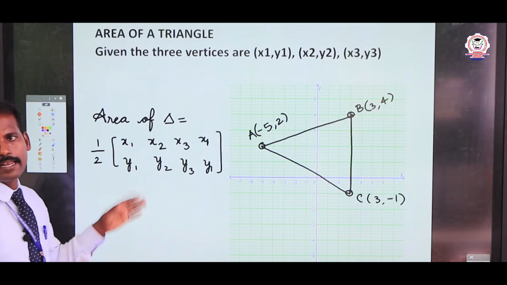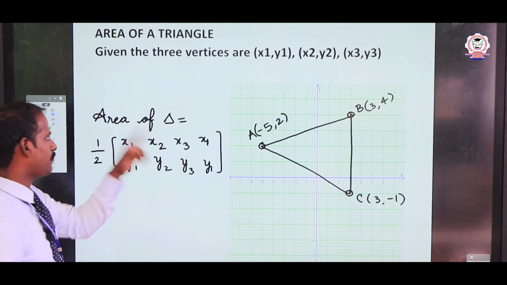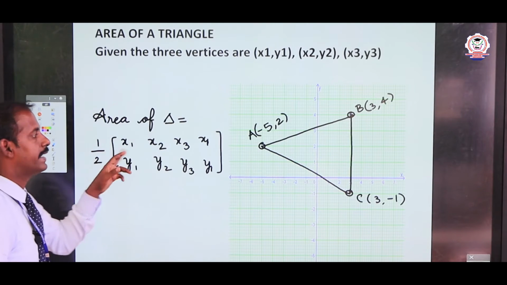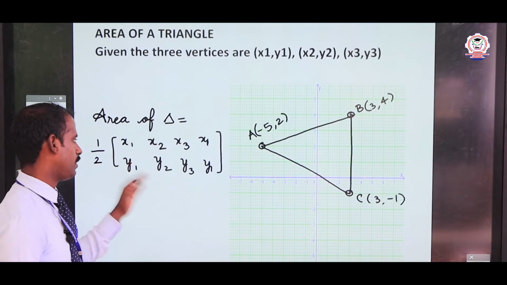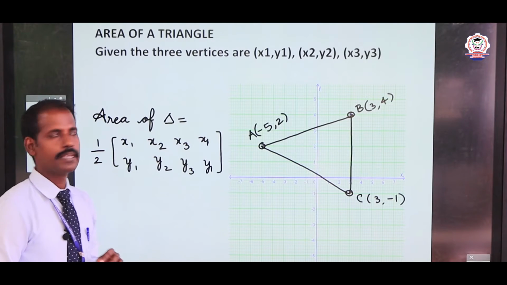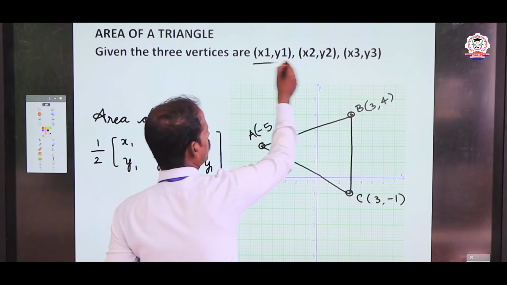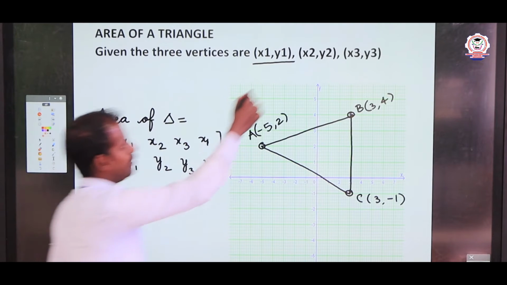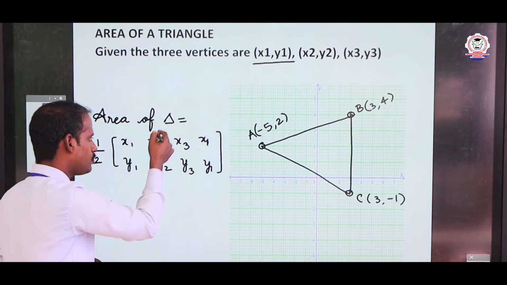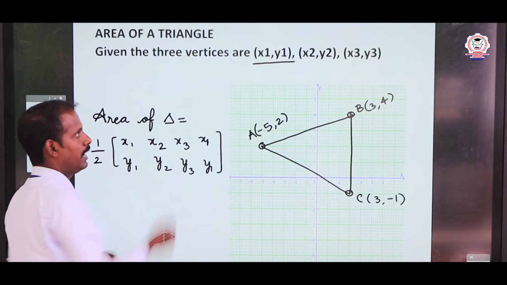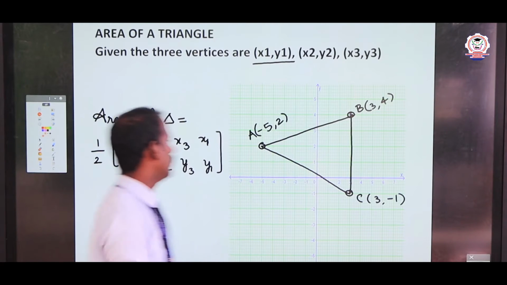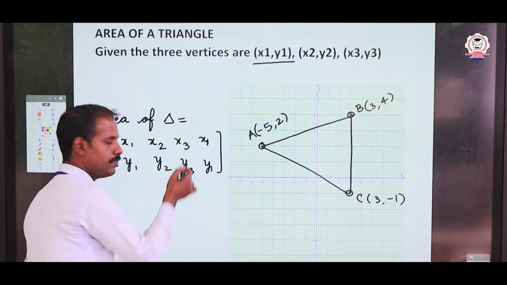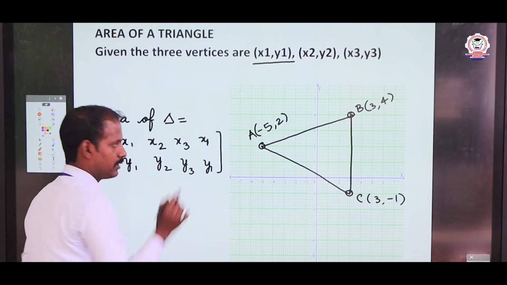So this is the area of triangle formula. So area of triangle is equal to 1 by 2 x1, x2, x3, x1, y1, y2, y3, y1. Here we can write x1, y1 horizontal, we can write vertical x1, y1. Next point is x2 comma y2, that point should be written vertical x2, y2. And next point is x3, y3, so that is horizontal, we should write x3, y3.